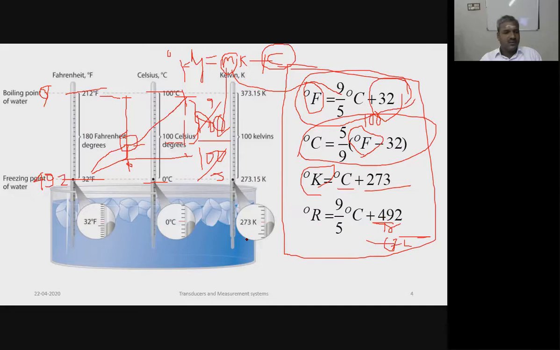So the Rankine value is 672 at 100 degrees Celsius and 492 at 0 degrees Celsius. Similar to this relation, the relation between Rankine and degrees Celsius is 9 by 5 degrees Celsius plus 492.